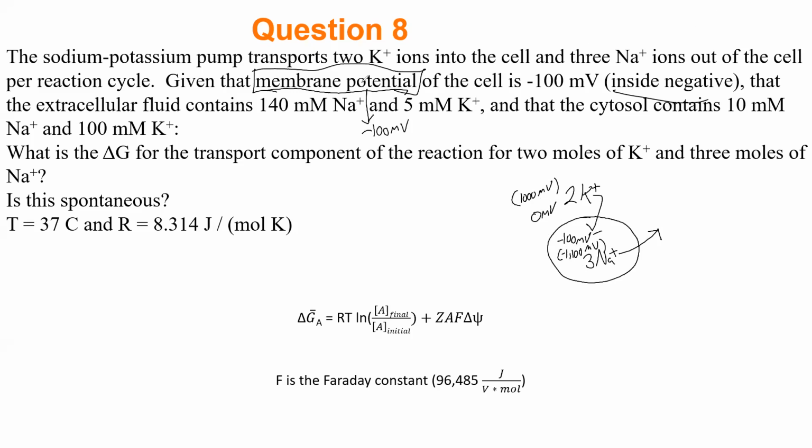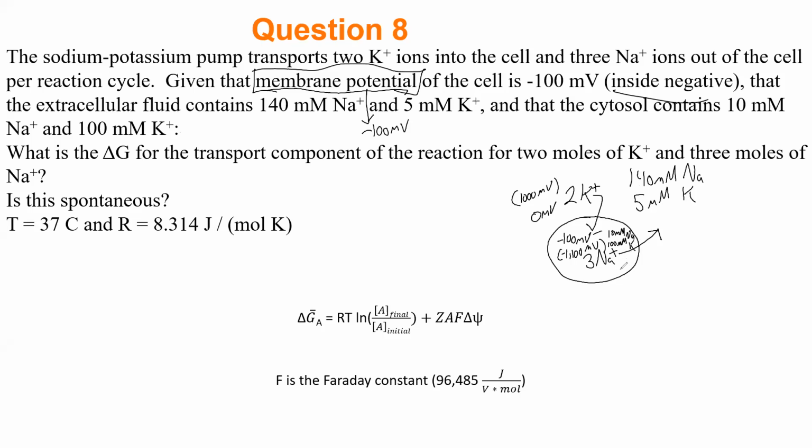Now let's continue. The extracellular fluid, so the outside of the cell, has 140 millimolar sodium and 5 millimolar potassium. The cytosol has 10 millimolar sodium and 100 millimolar potassium.